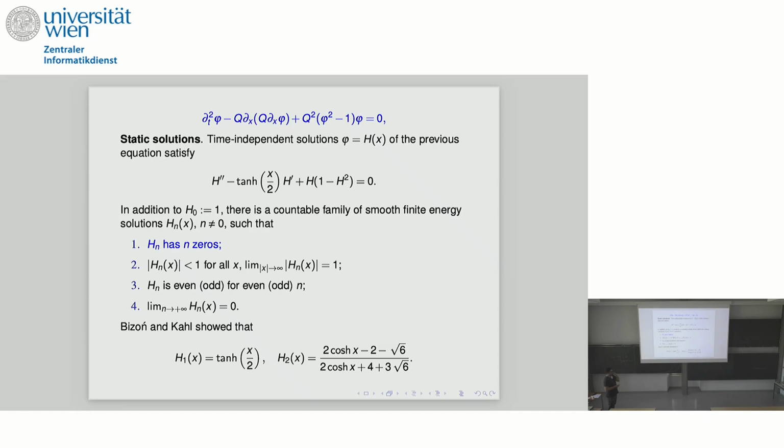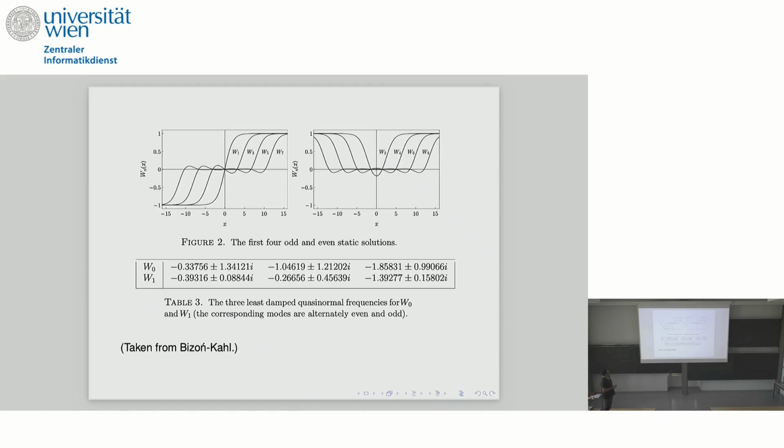There is no better way to represent what I'm saying than with a picture. So I stole the picture from Bizon and Kahl. I'm very sorry, Piotr. It's written here. Piotr called Wn the solutions. I will call them Hn because you know, Kink people.